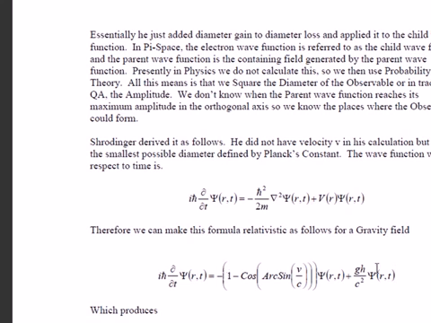The wave function gives you the initial amplitude, which is squared. Complex conjugate squared forms the diameter. So the amplitude maps to the diameter, and then GH over c squared makes the diameter larger, and this makes the diameter smaller.